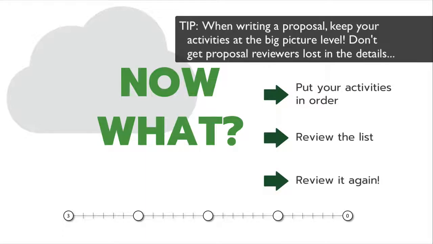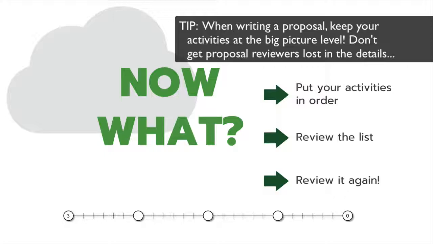These activities, in terms of planning for a proposal, can be pretty big picture activities. It doesn't need to be printing handout 1 as activity 1 and printing handout 2 as activity number 2. It could be prepare handouts and agendas and whatever other documents you need for the presentation.